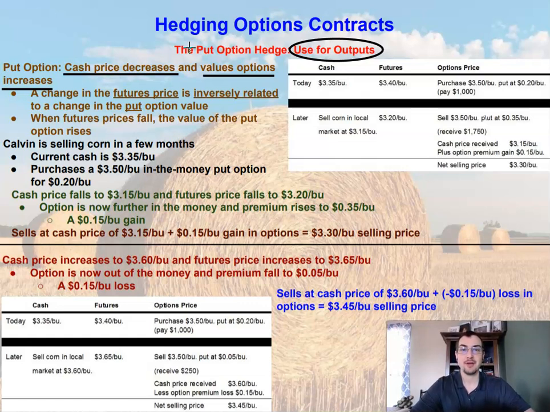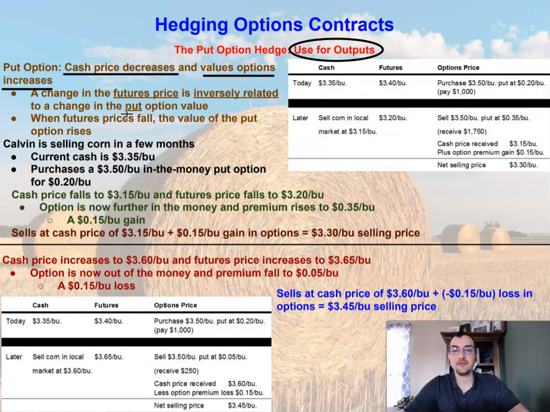The lower that futures price gets, the further it is away from the strike price, meaning a greater discrepancy between the futures price and the strike price, and the further in the money you get.